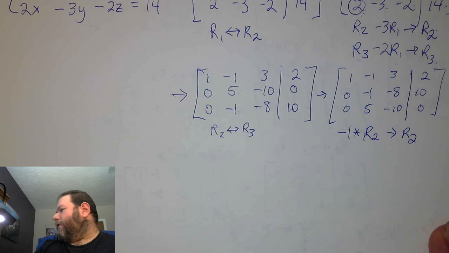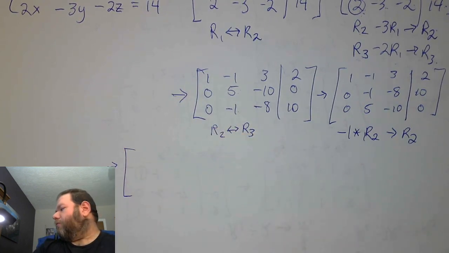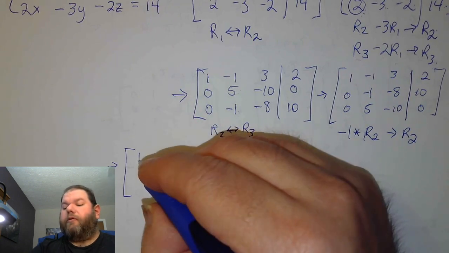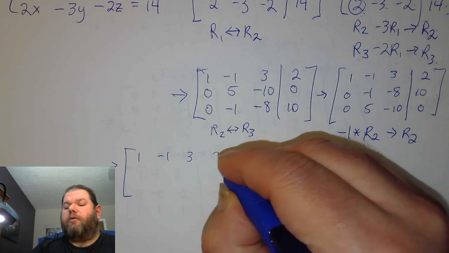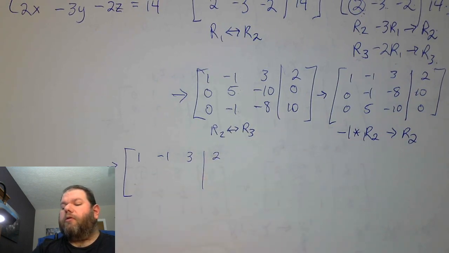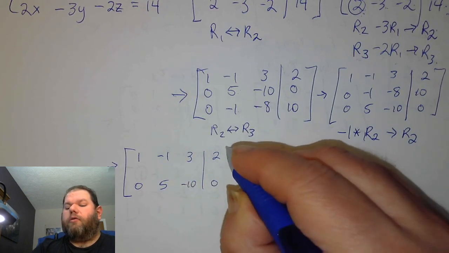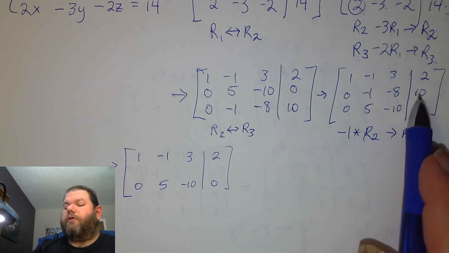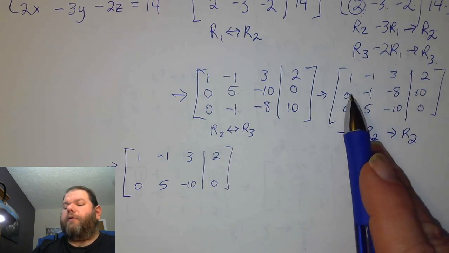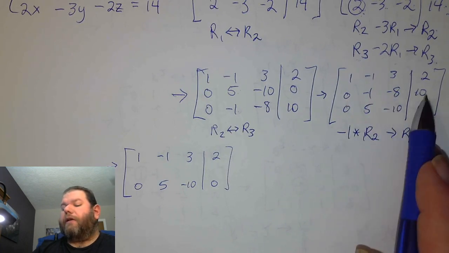I need a little more space. And so multiplying each of these numbers here by negative 1 with 0, 1, 8, and negative 10.